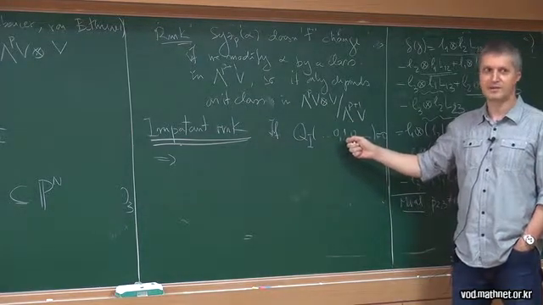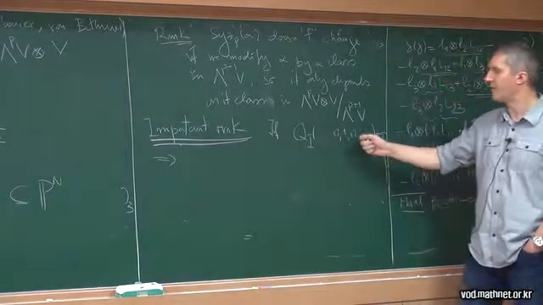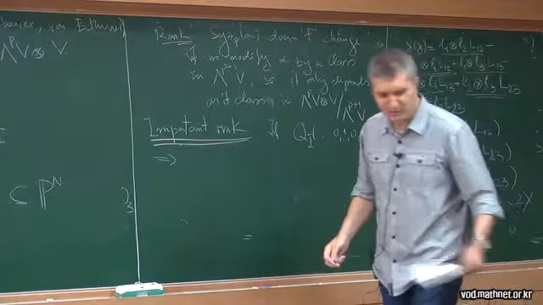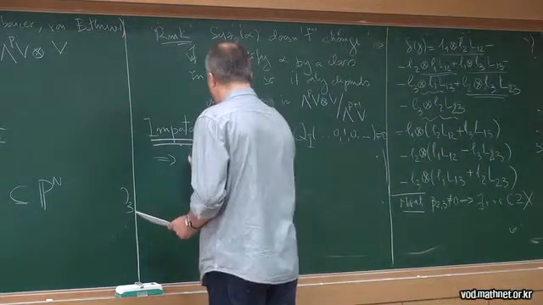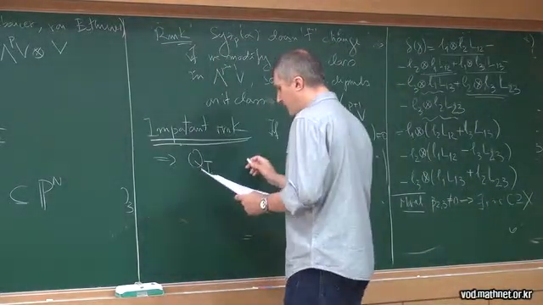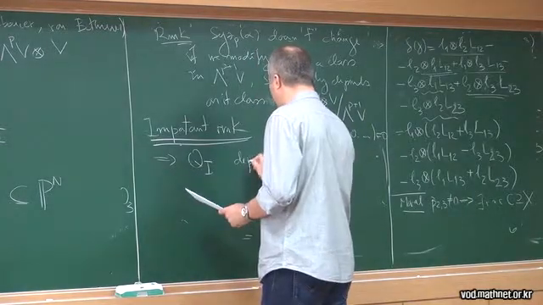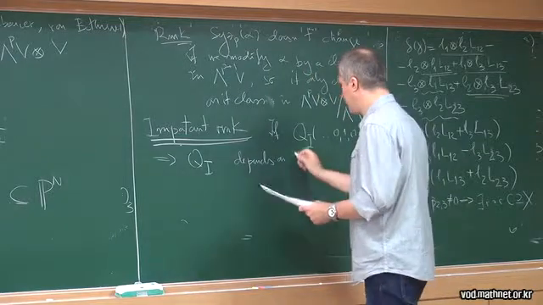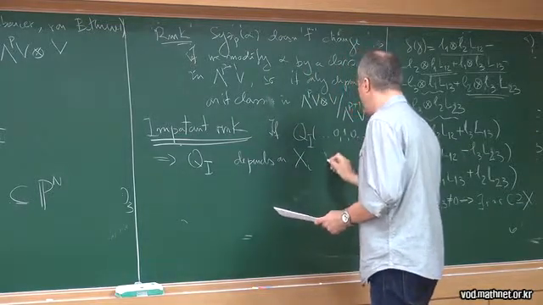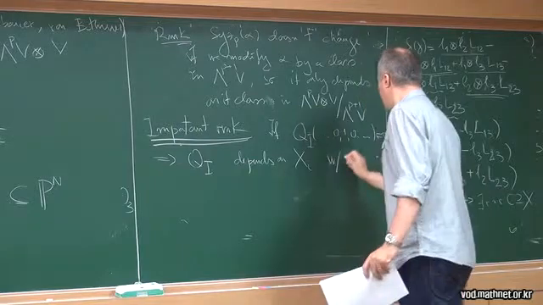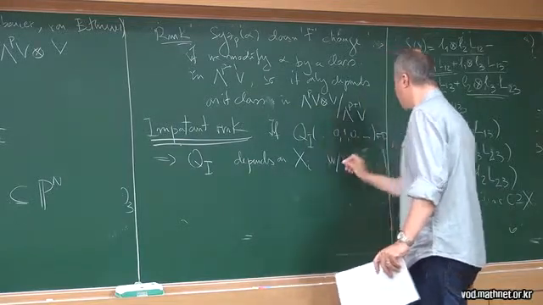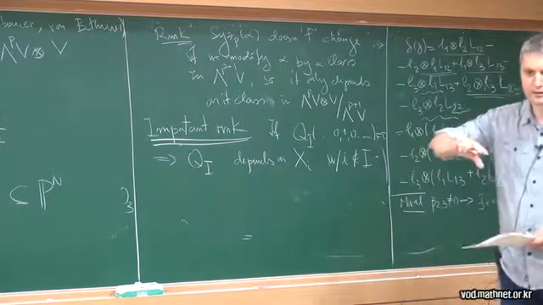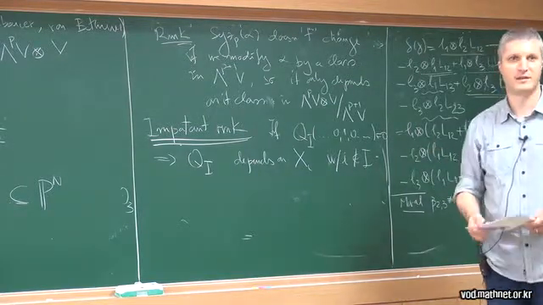But not only that they don't have expressions like xj squared, it's also that any Qi only depends on variables xi with i not in I. So somehow it depends on complementary variables.